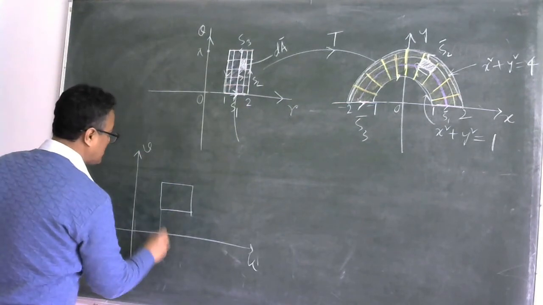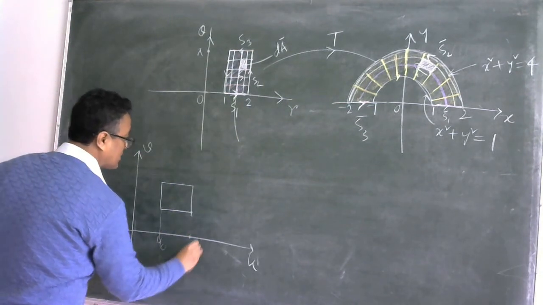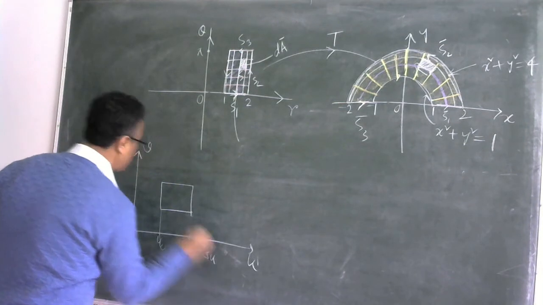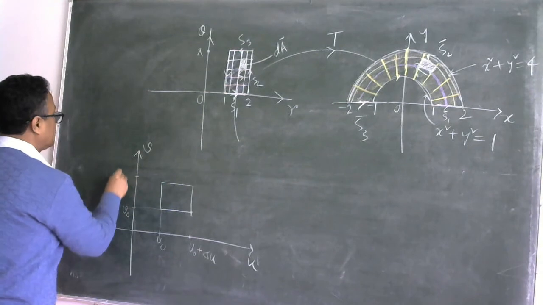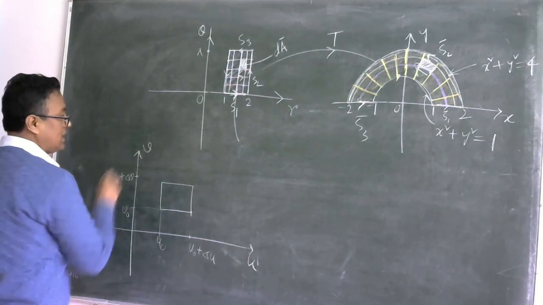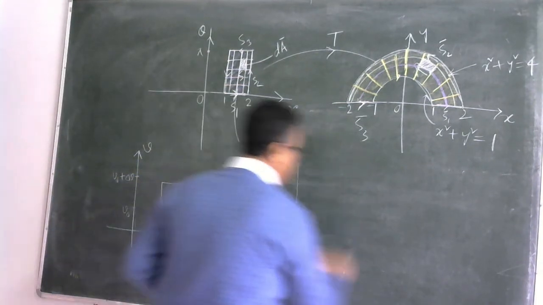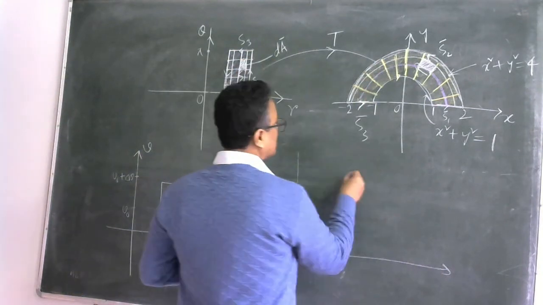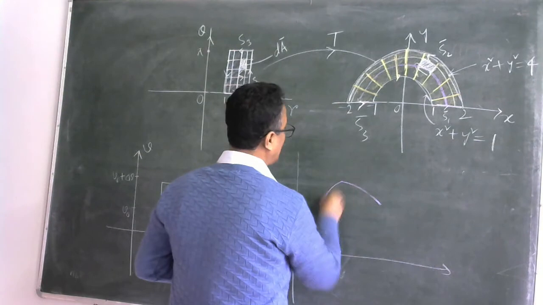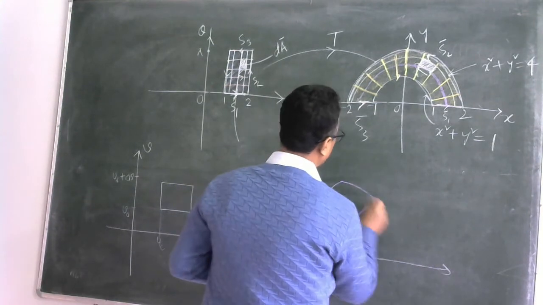Okay, I consider this as U, this as U plus delta U, and I consider this as, sorry, V naught, this as V naught plus delta V. And assume that this is a magnified version of this situation, and I was considering something like this.